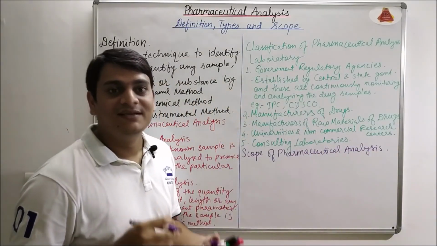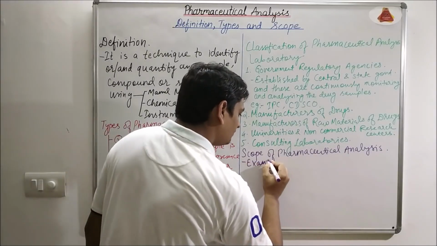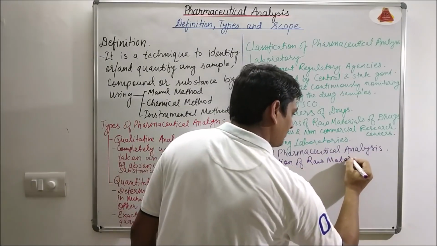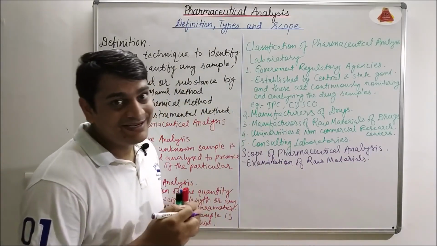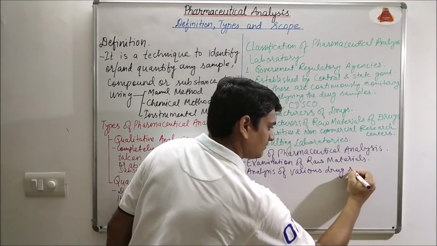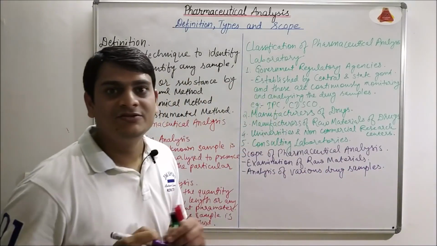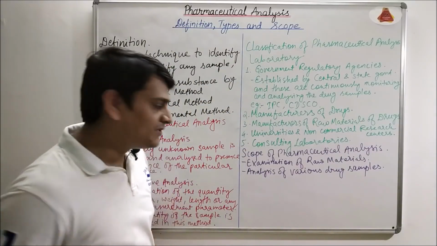So pharmaceutical analysis is used for examination of raw materials. Pharmaceutical analysis is used to analyze various drug samples. It is used for various qualitative and quantitative analysis of the samples.